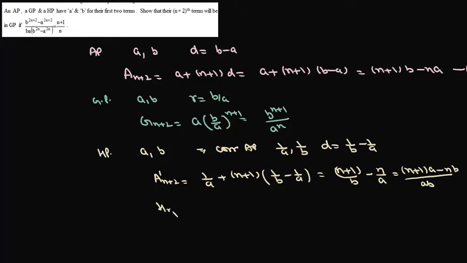Now for this HP, the corresponding term will be ab upon ((n plus 1)a minus n into b).